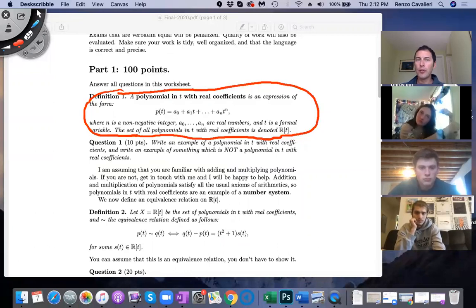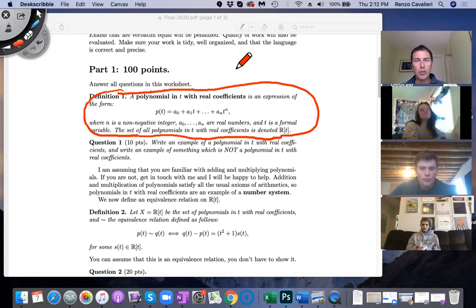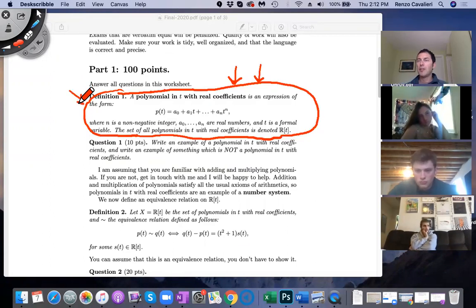You're not supposed to remember what a polynomial is from previous lives, even though of course you do. You're just supposed to use this definition. So that first question is just to test that you know how to read and use a definition.